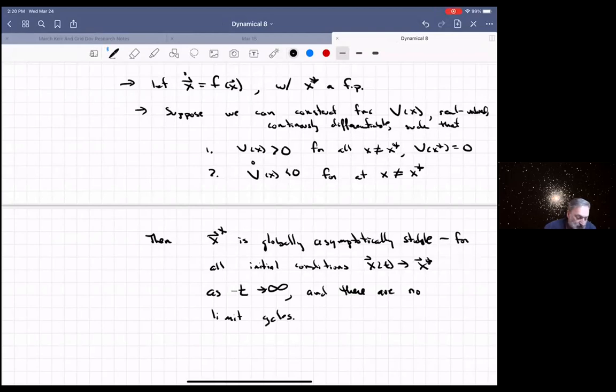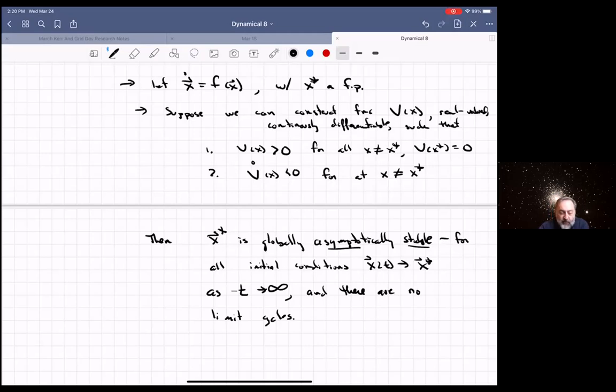Okay, so remember, a fixed point is asymptotically stable if trajectories near it approach it in all directions. So if all trajectories near a fixed point approach the fixed point, it's called asymptotically stable. If the fixed point is globally asymptotically stable, you're basically saying that everywhere in space, you end up going to the fixed point.